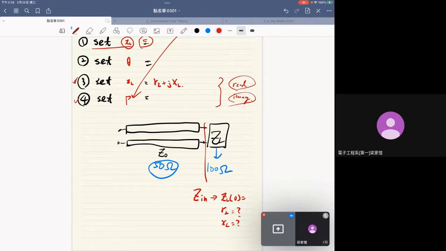For this example, I didn't tell you the total length of this transmission line. I just ask you these 3 questions at L equals 0. This is question number 1, question number 2, and question number 3.